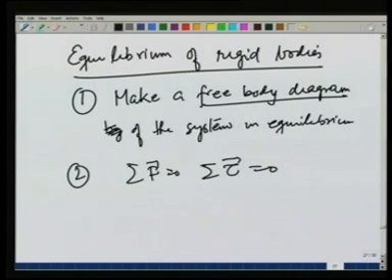So, this is a brief introduction to equilibrium of rigid bodies. In the next lectures, coming lectures, we will be applying this condition to a very special engineering structure called trusses.